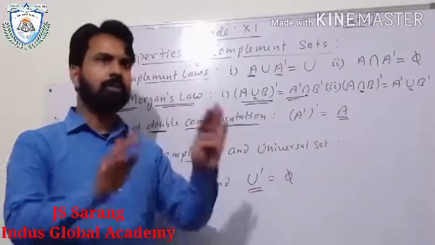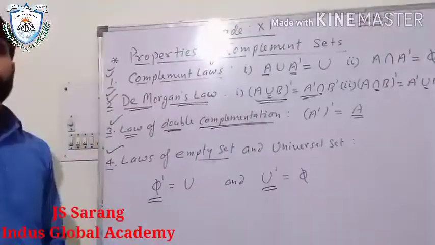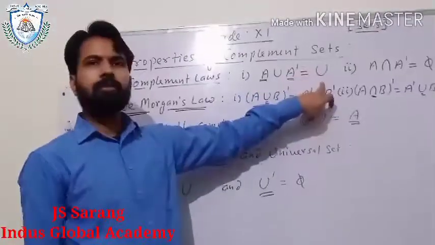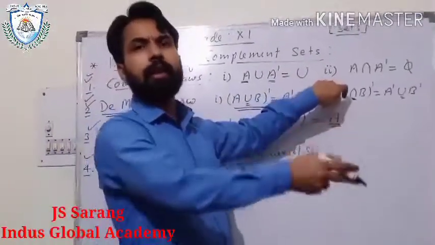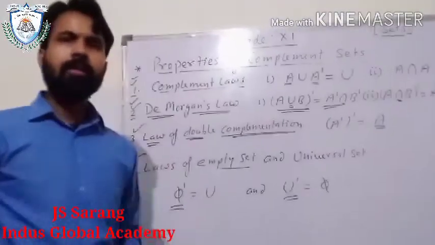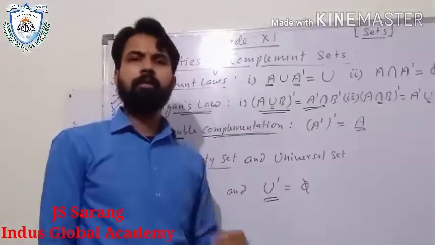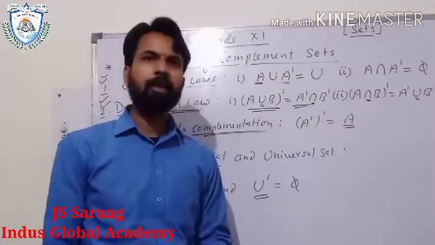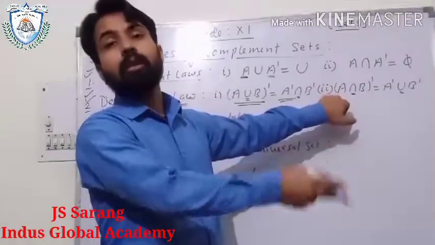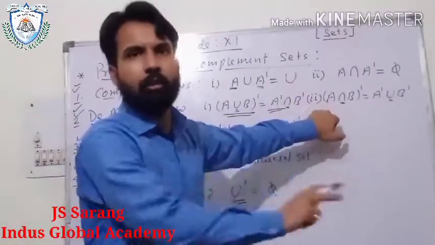Understood? So the very first property, complement laws, has two laws: A union A complement is universal, and A intersection A complement is phi. Second is De Morgan's law. First is A union B whole complement is equal to A complement intersection B complement. Second is A intersection B whole complement equal to A complement union B complement.